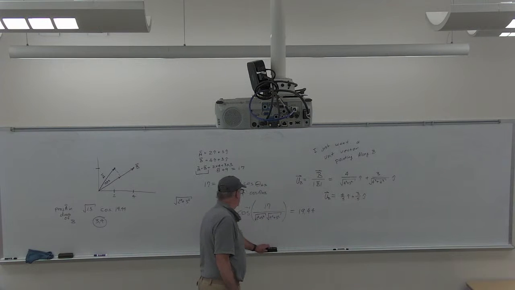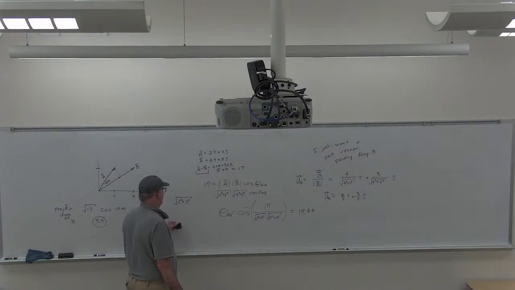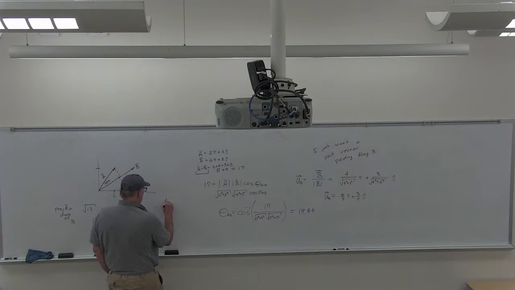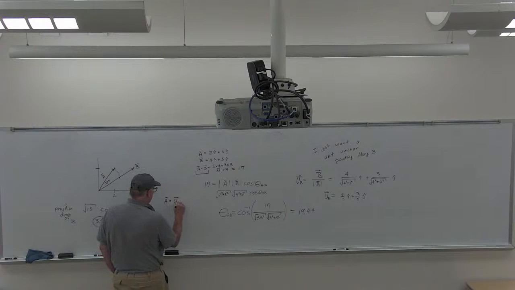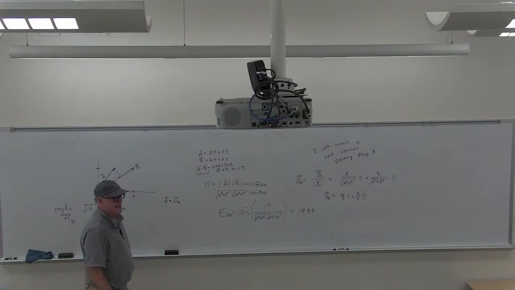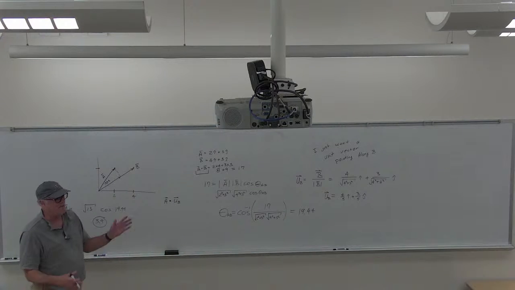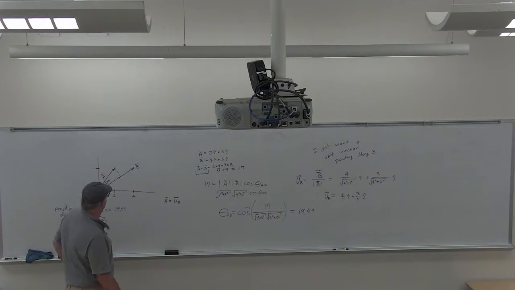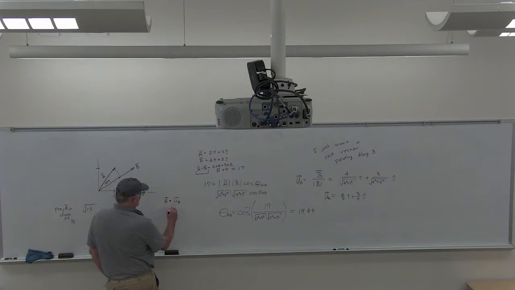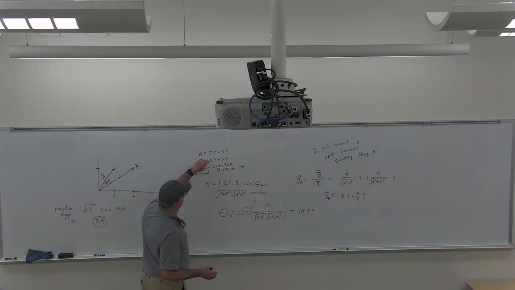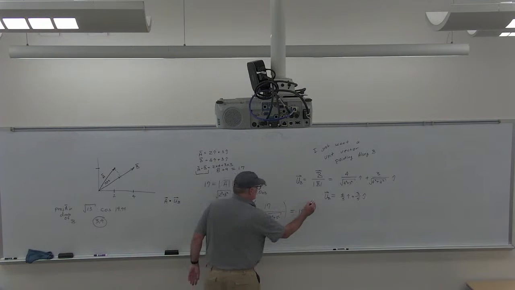Let's try something really weird now. What would happen if I dotted A with this unit vector? I'm hoping it works out. I got enough time to make it work out. If it doesn't, I'm leaving. Okay, so first I'm going to stack the U up on top of this.